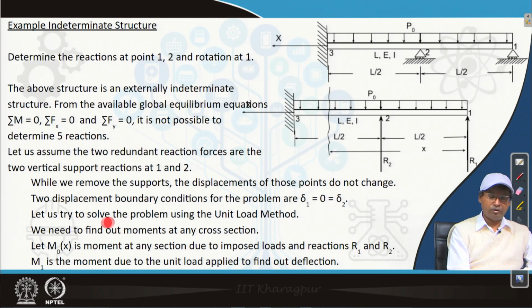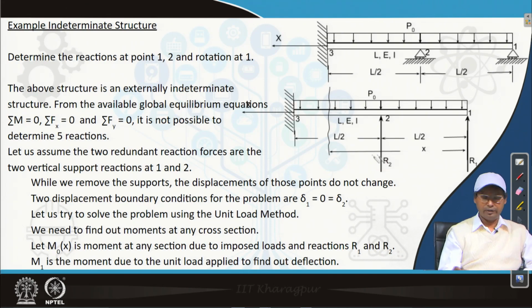Let us try to solve the problem using the unit load method. We need to find out the moment at any cross section. So, let M0(x) be the moment at any section due to imposed loads, and reactions R1 and R2 are considered there.